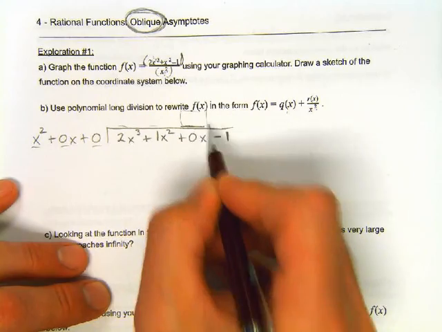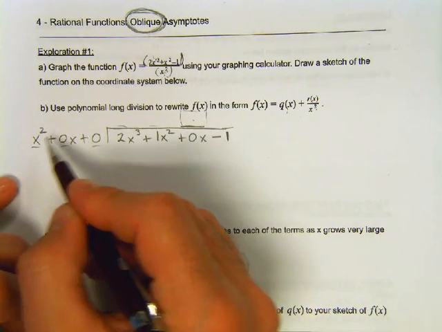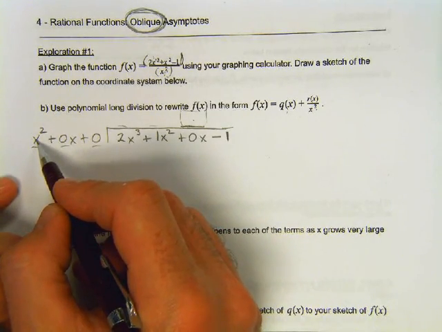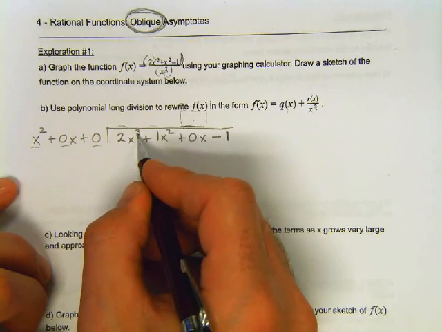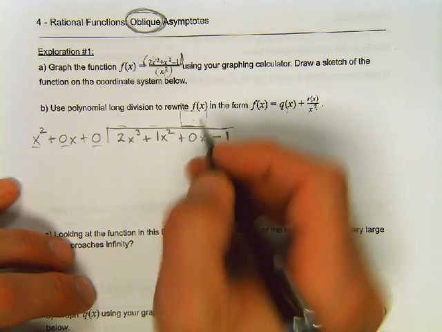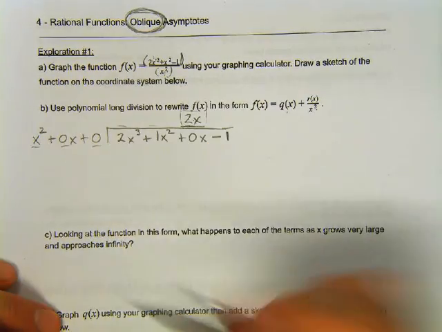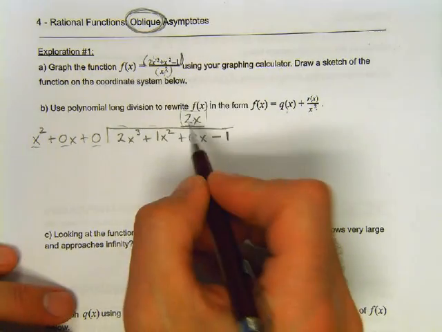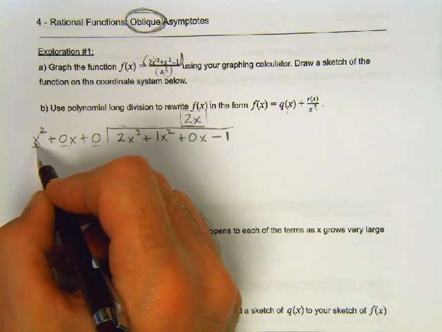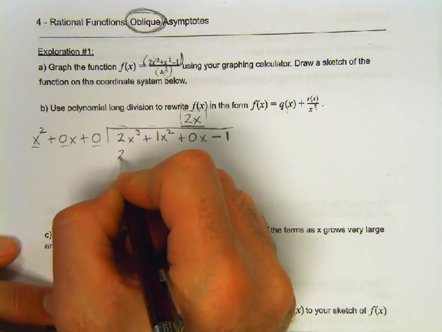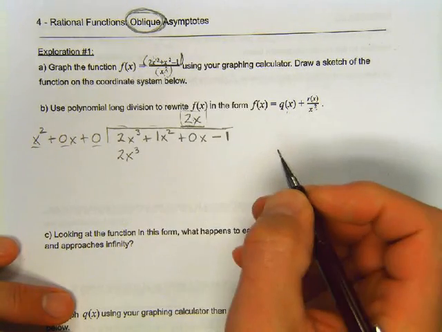And we're going to ask ourselves, what times x squared equals 2x cubed? 2x. All right, so let's multiply. 2x times x squared is 2x cubed.